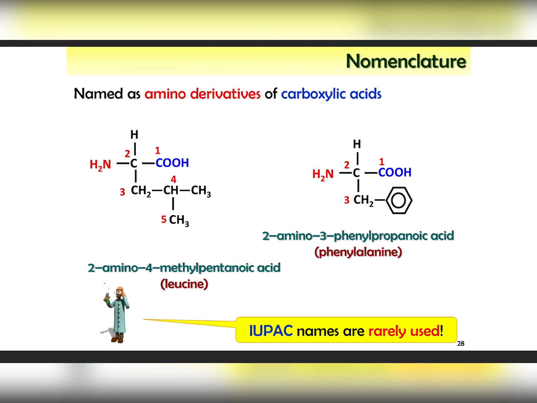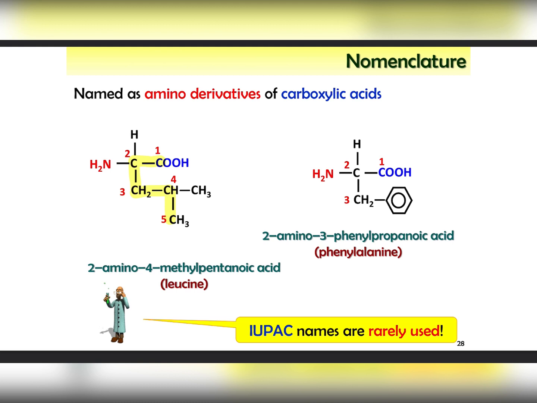So this is the parent chain. So yang lain-lain tu akan jadi substituent. So the naming for this one will be 2-amino 4-methyl pentanoic acid. Okay, so kalau kamu tak tahu dia punya structure, it's okay as long as you can draw out the structure from the naming.